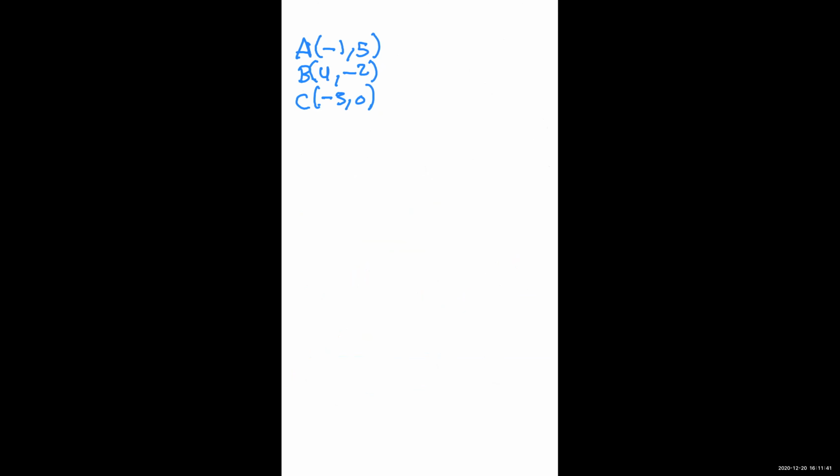Find the equation of the straight line passing through A and perpendicular to BC. If this is the triangle A, B, C, find the equation of the straight line which passes through A and is perpendicular to BC.